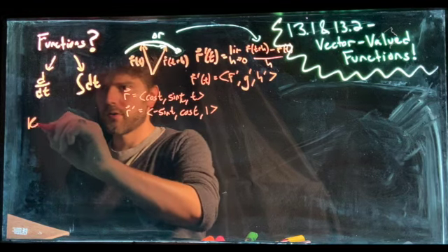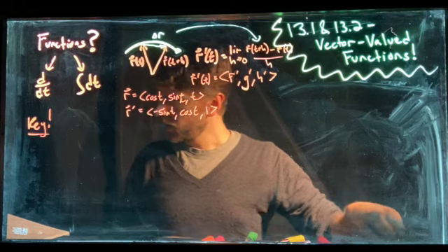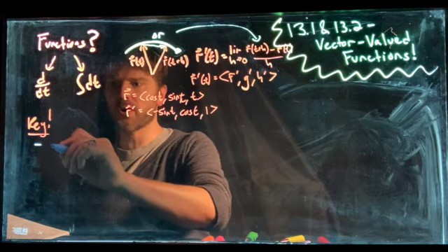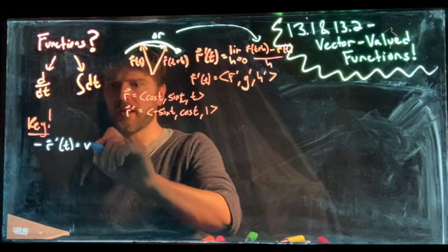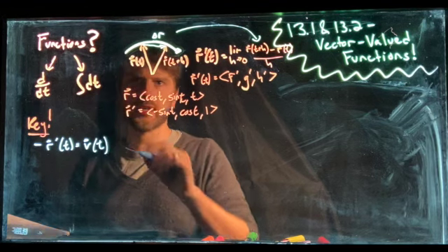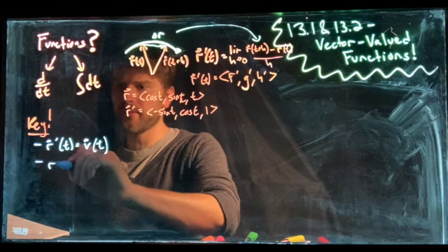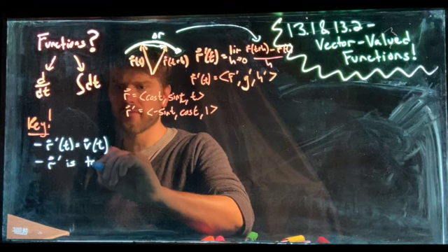There are a couple really important points here about these derivatives. First key point is that you can interpret r prime as being a velocity vector. It is kind of like our velocity vector in physics. And in fact, r prime is always tangent to the curve.